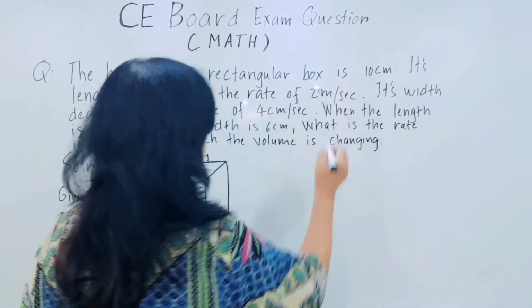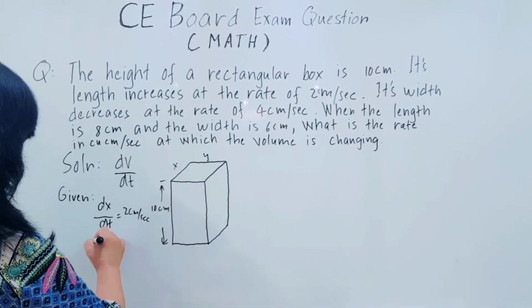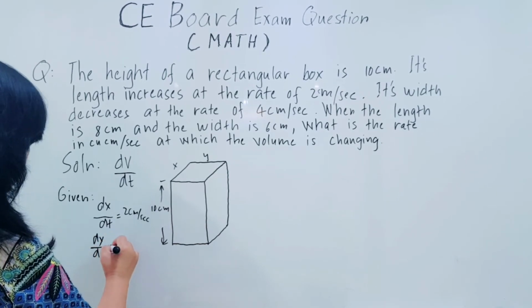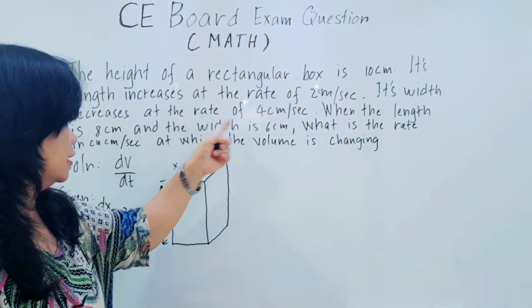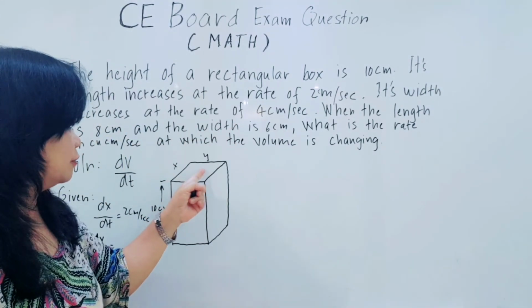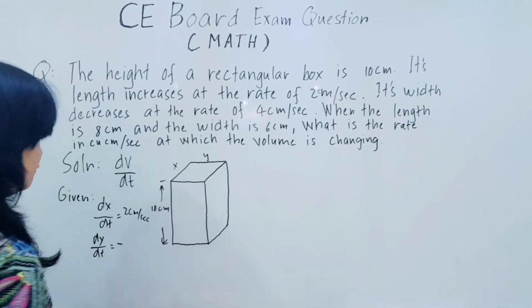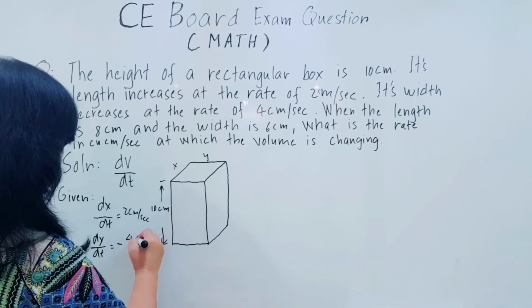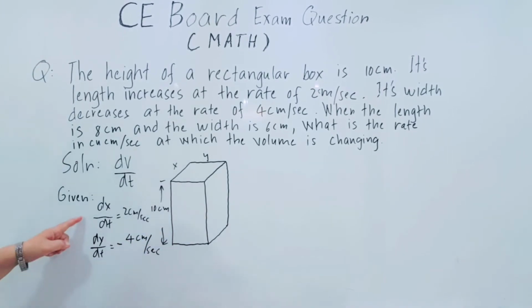This is centimeter, sorry. And of course, the width decreases at the rate of 4 centimeters. So this is the width. Since it decreases, it is negative: negative 4 centimeter per second. So these are the given.